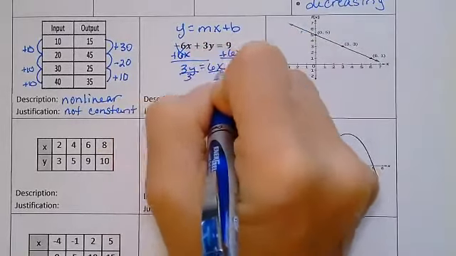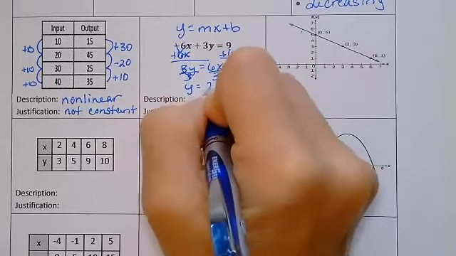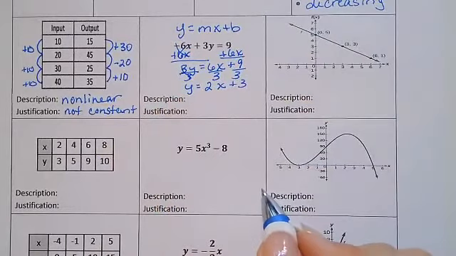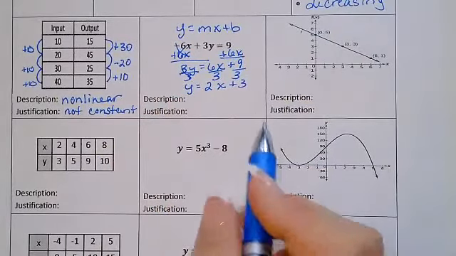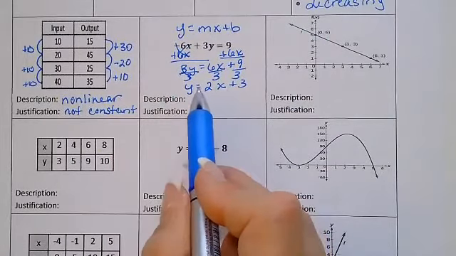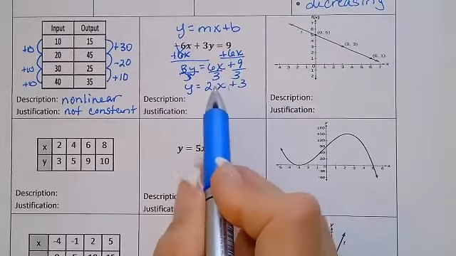Divide by 3. All right, so now that I have it in the right format, I can see I don't have any kind of an exponent on x.